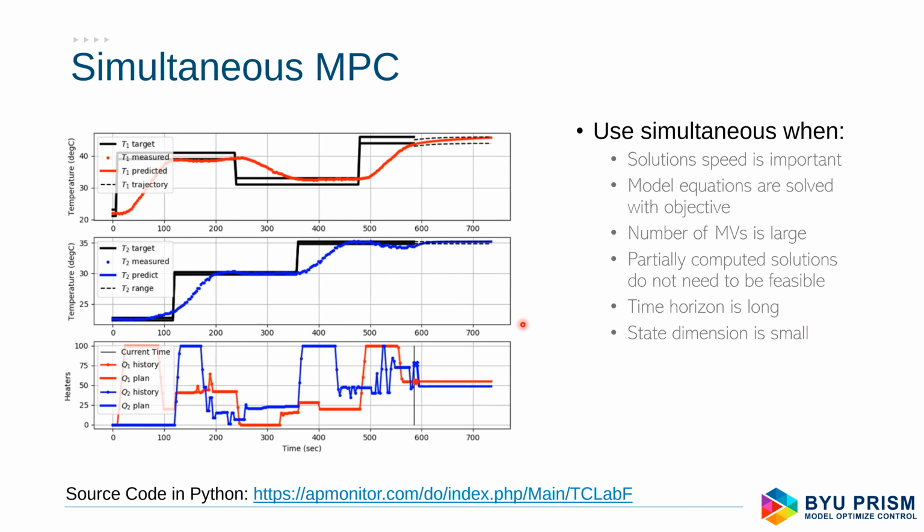Also, this is good if the time horizon is long and the state dimension is relatively small, not like solving hundreds of thousands of differential equations, because you're putting everything on this whole time horizon into a single solution, and the computer has to solve all of those equations and variables together. And we'll see that there's some source code here with the temperature control lab that replicates what we did here.